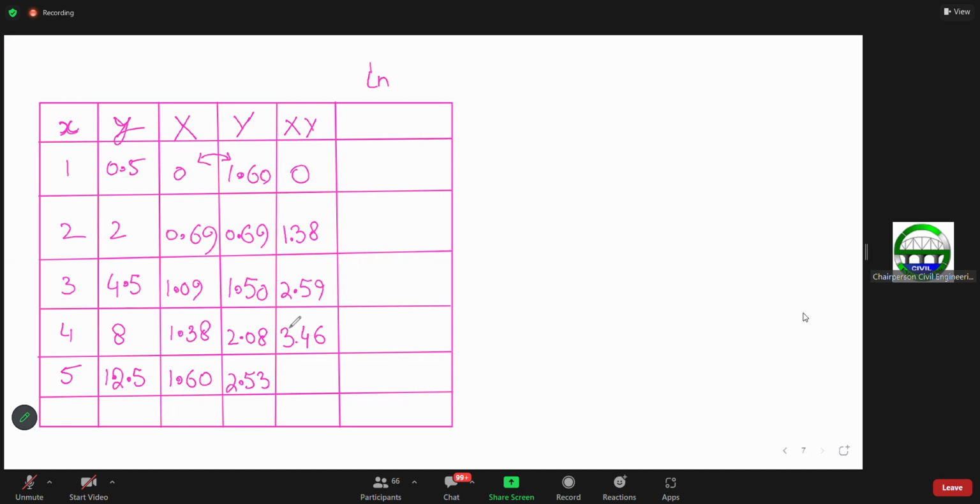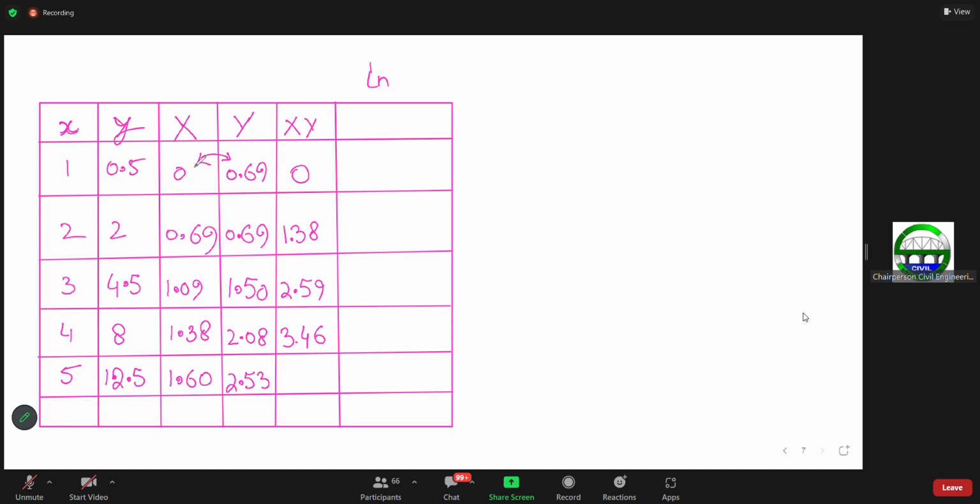Natural log of 0.5 equals to minus 0.69, and natural log of 2 is equal to 0.69. Okay, so all the others I think are correct.